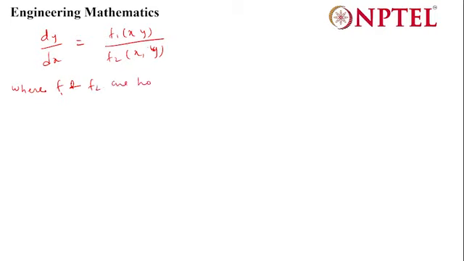One more type in reducible to variable separable is, suppose your equation is given in this form: dy by dx is equal to f1 of x, y divided by f2 of x, y, where f1 and f2 are homogeneous functions of the same degree.